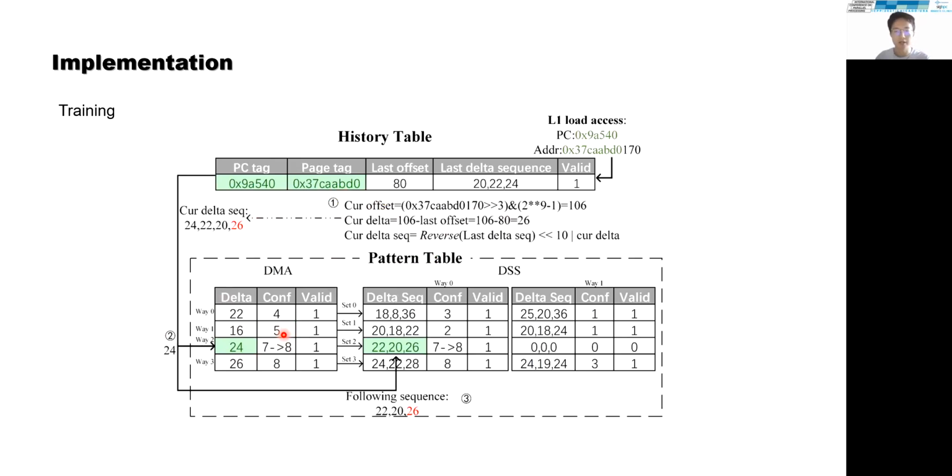Then the confidence of weight 2 increases by 1, and the corresponding set 2 of DSS will be updated. Third, weight 0 of set 2 in DSS is hit by the following sequence 22, 20, 26, where the confidence of the matched entry increases by 1. If the following sequence misses in DSS, then the entry with the lowest score in set 2 will be replaced.